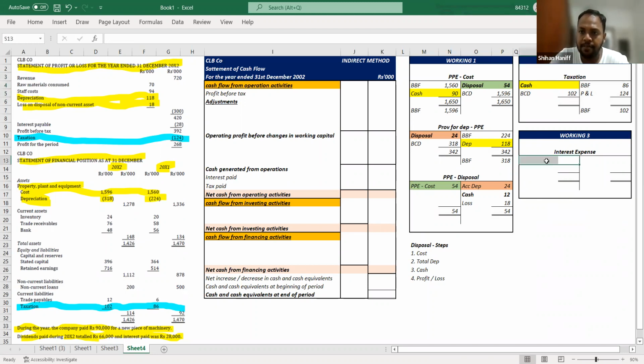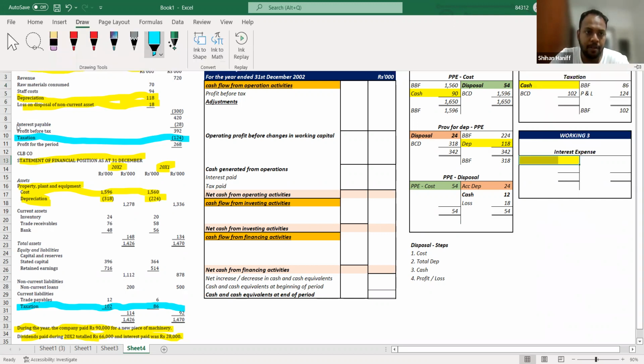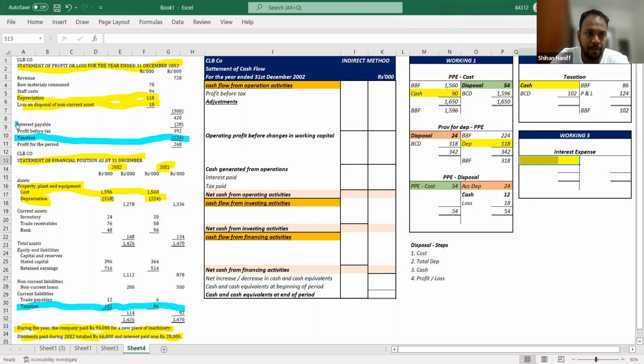Then the interest, same thing. Interest is 28. There is no interest payable or prepayment. This is interest expense, not payable.